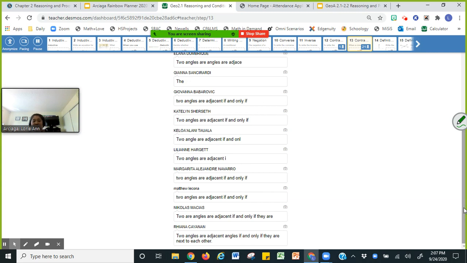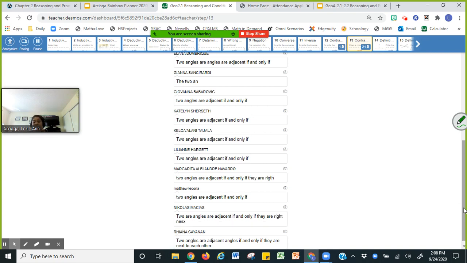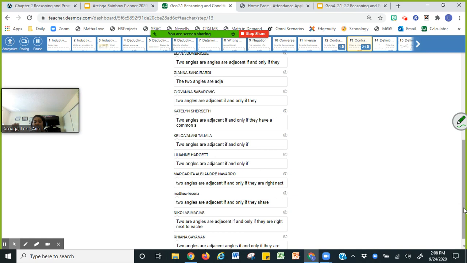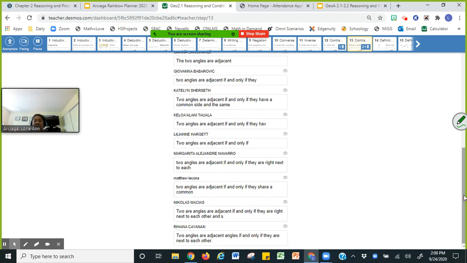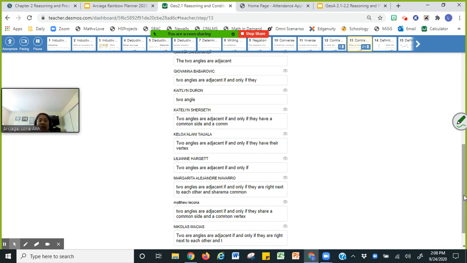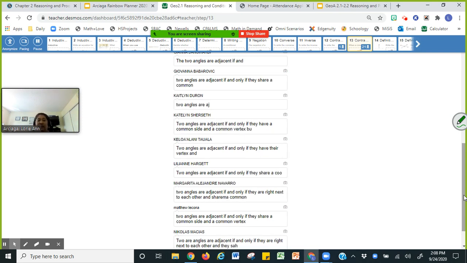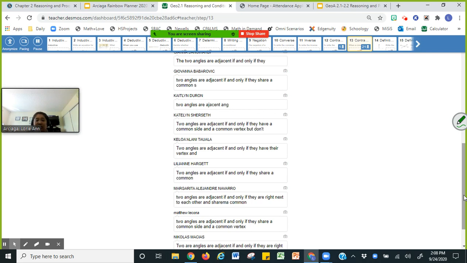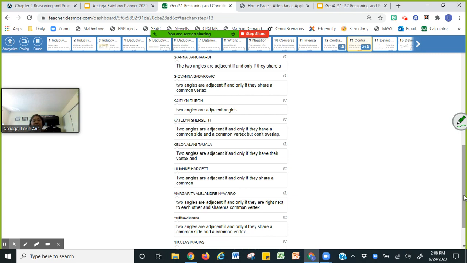If and only if they are right next to each other. That's a good one, Rihanna. But be more specific. When they're right next to each other, what do they share? If and only if they share a common blank and blank. Two angles are adjacent angles if and only if they share a common blank. Very good, Kiloa. That's one of the words I'm looking for. Vertex. Good job, Caitlin. And she got the other one. Awesome.